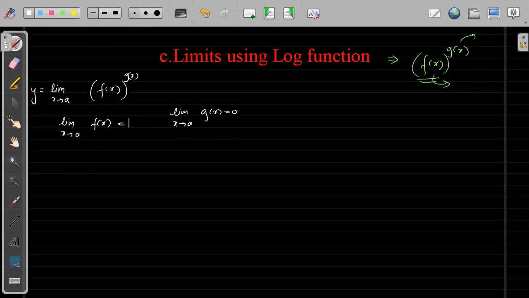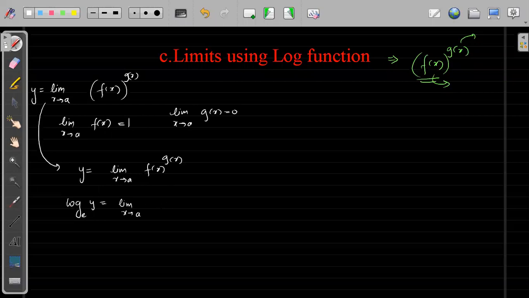So we can take log. We have y is equals to limit x tending to a of f of x to the power g of x. If I take natural log on both sides, this will become log base e y is equals to limit x tending to a of log base e of f of x to the power g of x.